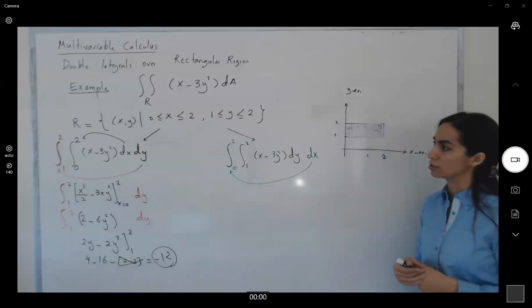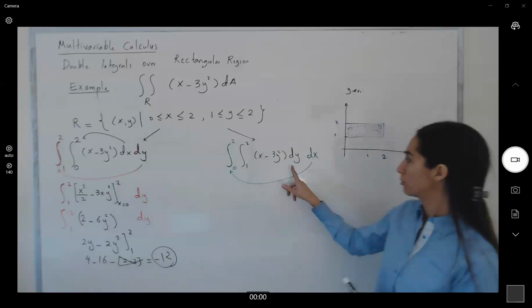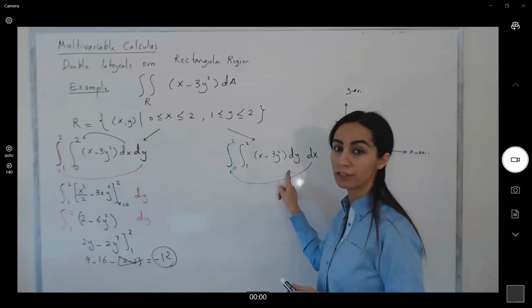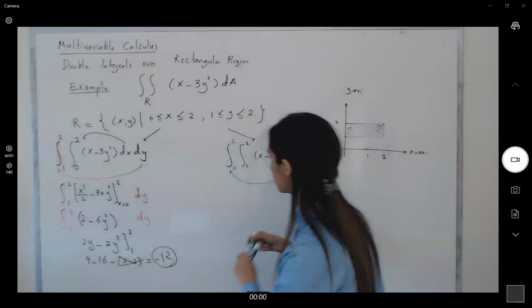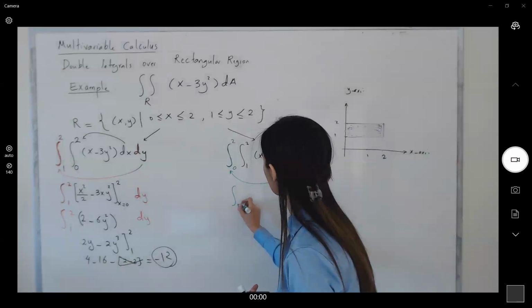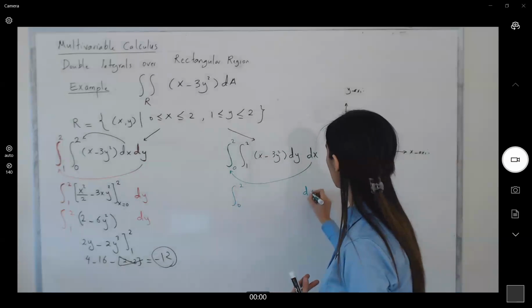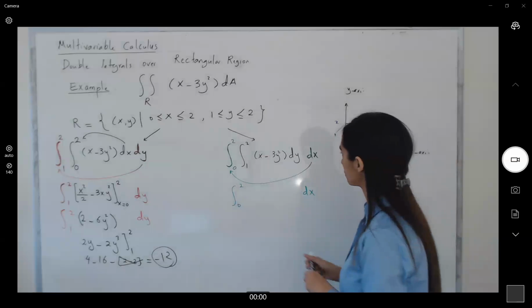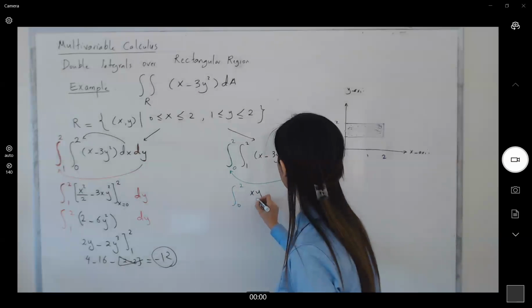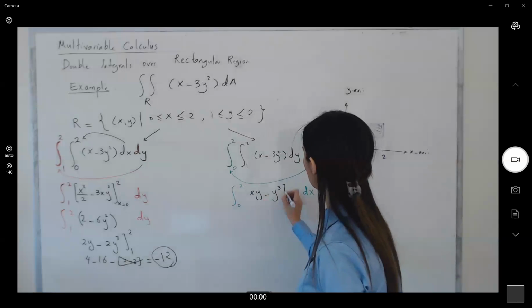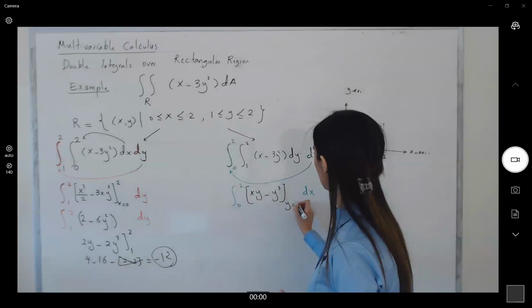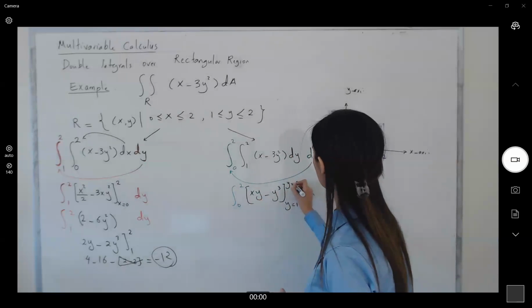How about the second integral, the second approach? I'm taking the integral with respect to y first. So the outer integral is going to stay the same, 0 to 2 dx. And here I have xy minus y cubed, with y ranging between 1 and 2.